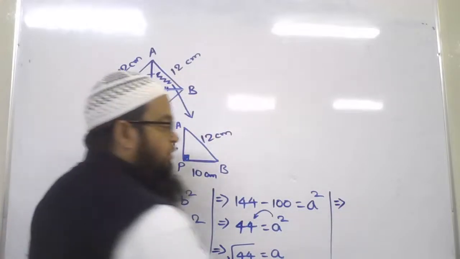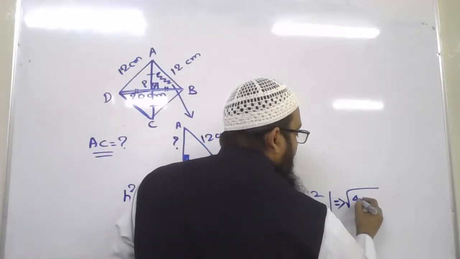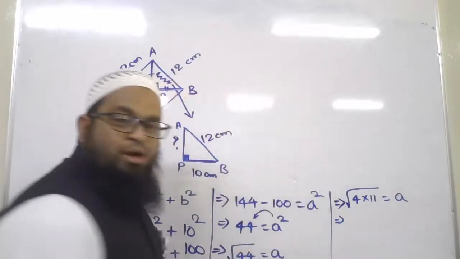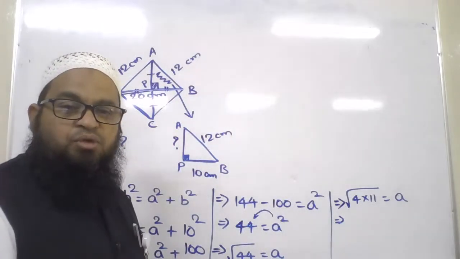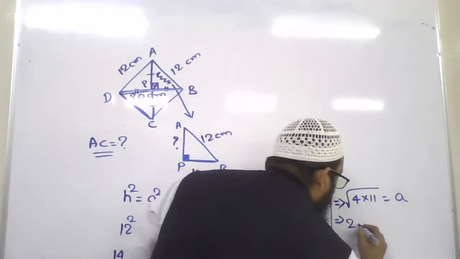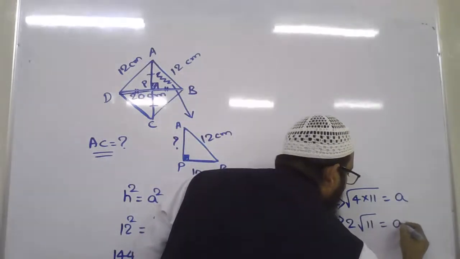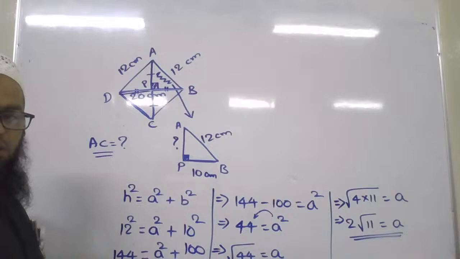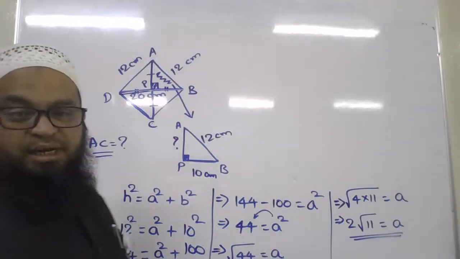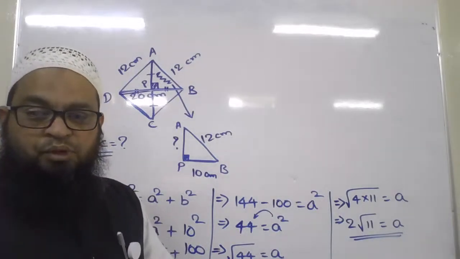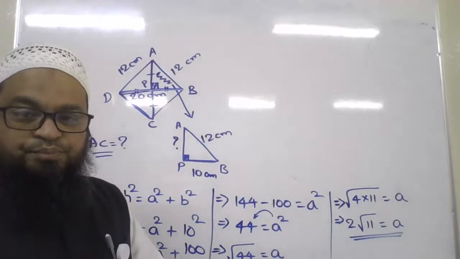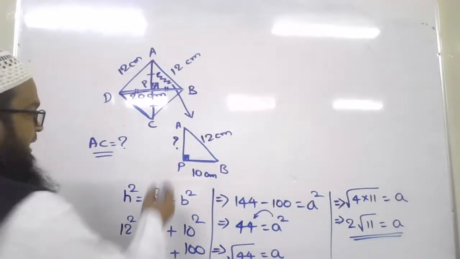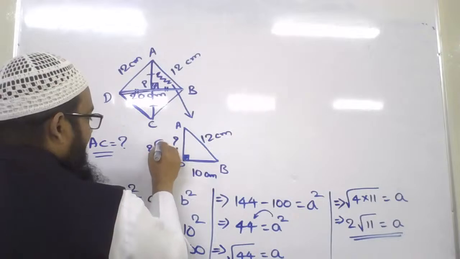Root of 44, can you write it as square root of 4 into 11, equal to a? What is the square root of 4? 2. So 2 root 11 is equal to a. So the altitude is 2 root 11. So AP is 2 root 11.